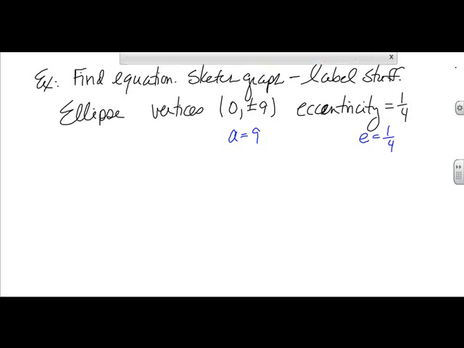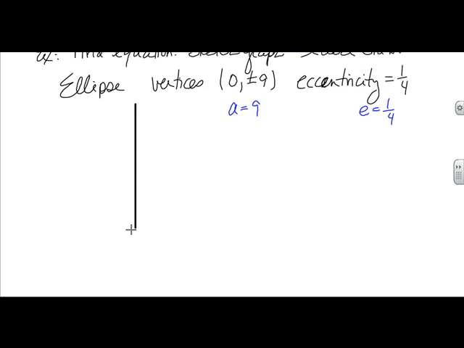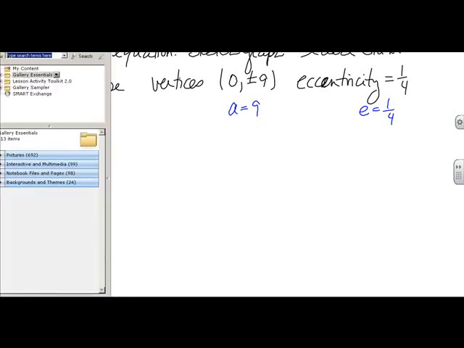So if I think about starting to sketch what I can about this ellipse, I'll tell you what, I'm going to be actually accurate this time with my sketch. So let me grab some graph paper.